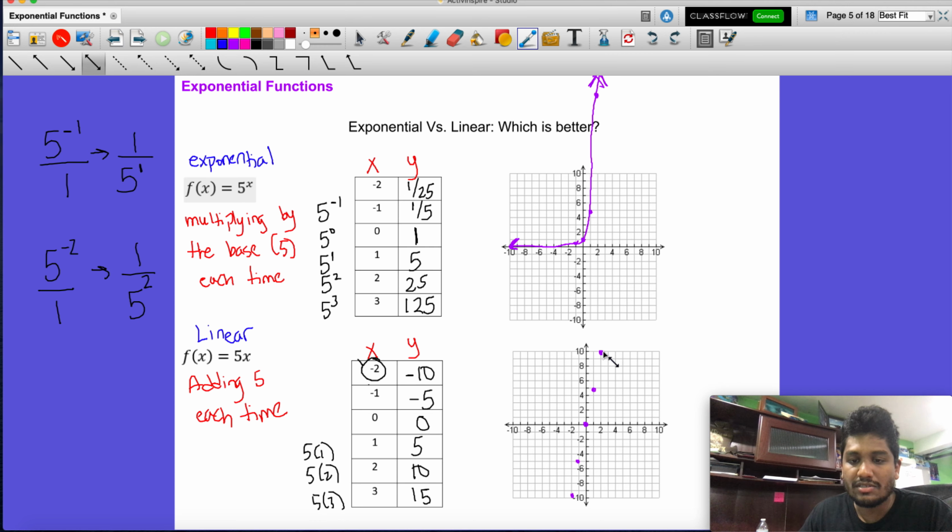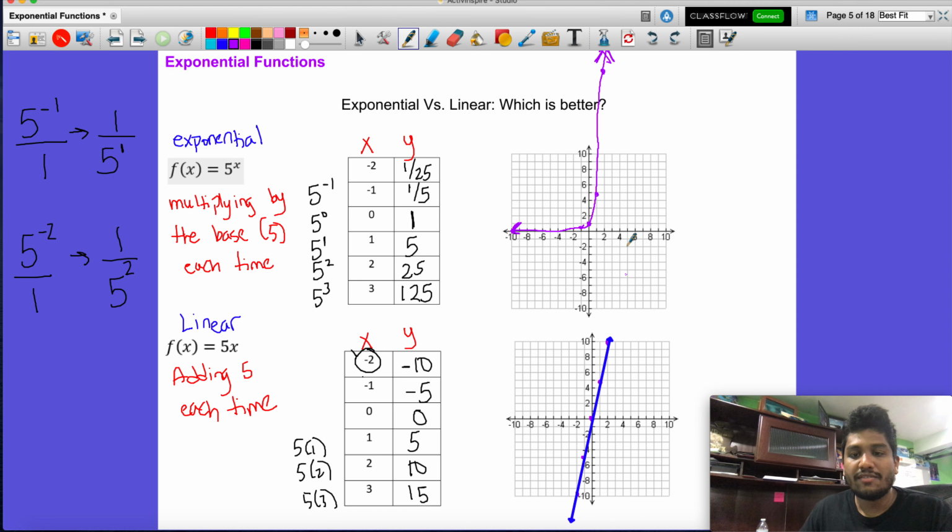Okay, so let's go ahead and just make this line. It looks like that. All right, so you can see a very clear difference. Linear literally comes from the word line, or I should say line is really the root word of linear, and exponential comes with a curve. The curve usually always looks like this for the most part if it's going to be increasing in a positive direction.